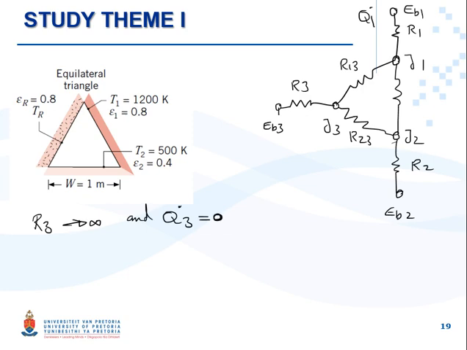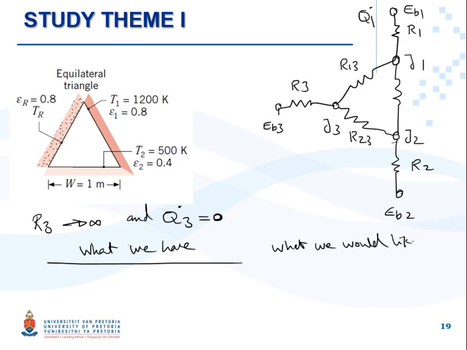Now for this example, I suggest you do something like this: what information we have, and what we would like to find. What we know is that convection is negligible.